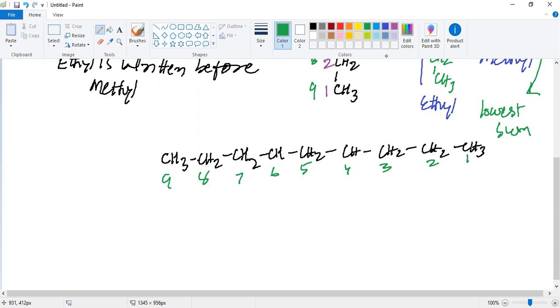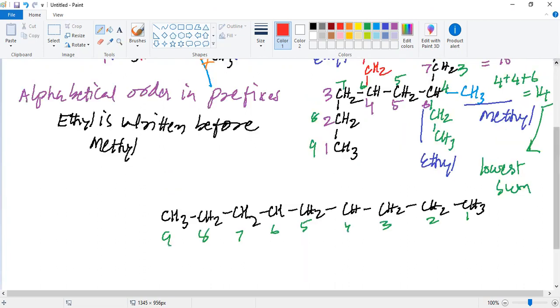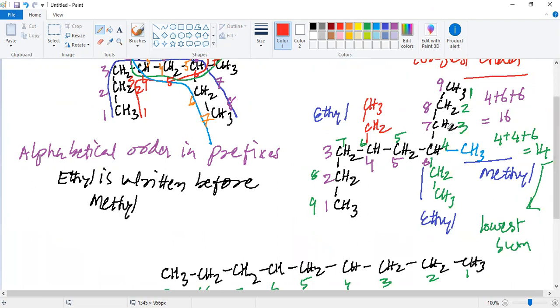And then we have the various branches. So let us show the branches on the fourth carbon. If you look into the fourth carbon, my dear students, this fourth carbon should be C, because it has got two branches.